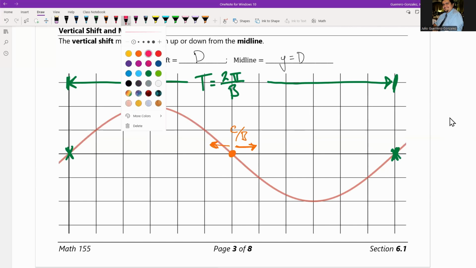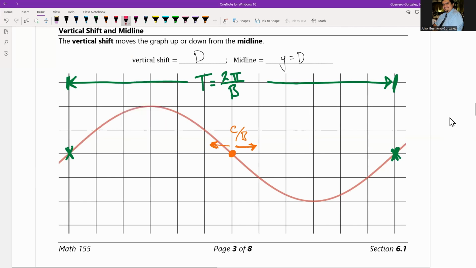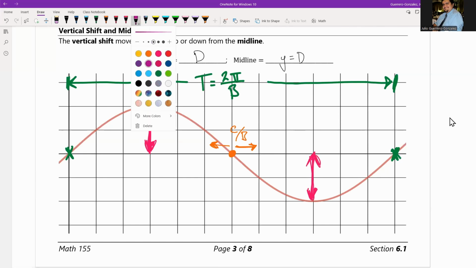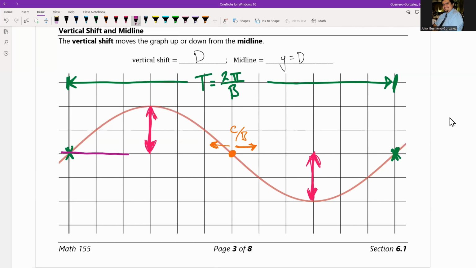This right here is what we call our amplitude. So I'm going to give it a nice thick pink arrow in both directions. You guys see that there's a line that sort of splits the graph in two. Let me draw that line down right now too. Hopefully you guys see that purple line going straight through the middle of it all.